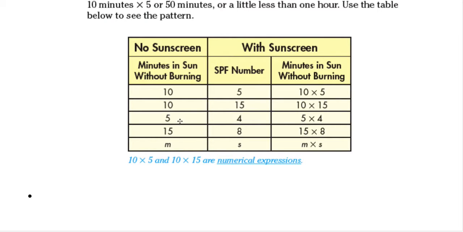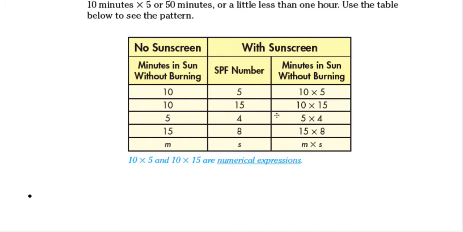If you have delicate skin and can only stay under the sun without burning for 5 minutes and you put on a lower SPF, you can only stay for 20 minutes. And if you can stay under the sun without lotion for 15 minutes and you put on SPF 8, you get 120 minutes of not burning, or 2 hours.